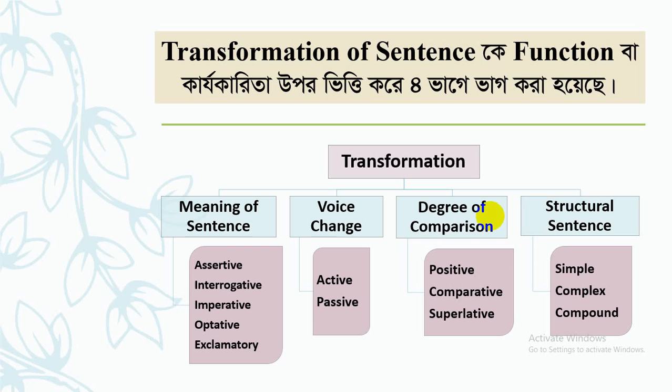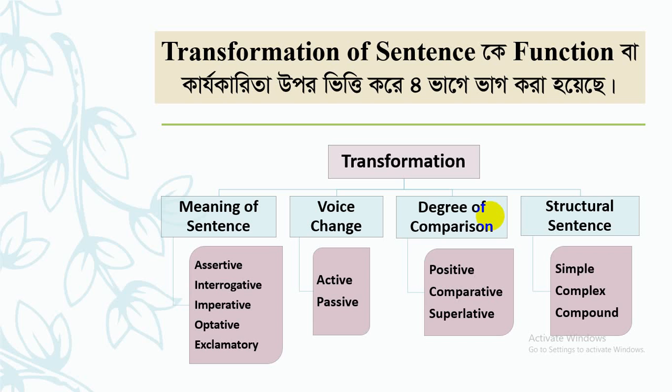So if we go from assertive to exclamatory, or assertive to interrogative, or assertive to imperative, or assertive to optative, and vice versa, these are called transformation of meaning of sentences.